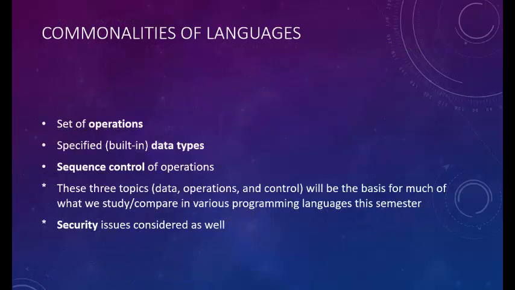We will consider the commonalities of languages. We'll explore their sets of operations, such as addition, subtraction, multiplication, division, the relational comparisons, logical operators. Most languages share these features, but how they are implemented can be quite different, and some languages include others that we're not familiar with. Here are a few popular ones.